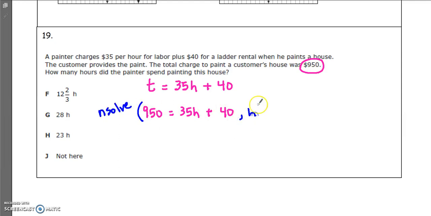Put a comma H here. So when we solve, our H comes out to be 26 hours. So if we look at our answer choices, you can see we don't have a 26 here. So J is going to be the correct answer on number 19.